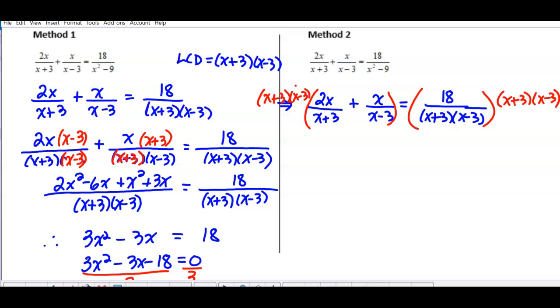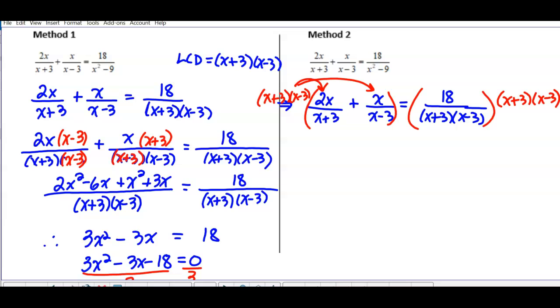Then you multiply each fraction. I don't cross anything out because then it'll get confusing what's crossed out. It's always these two factors times the first.